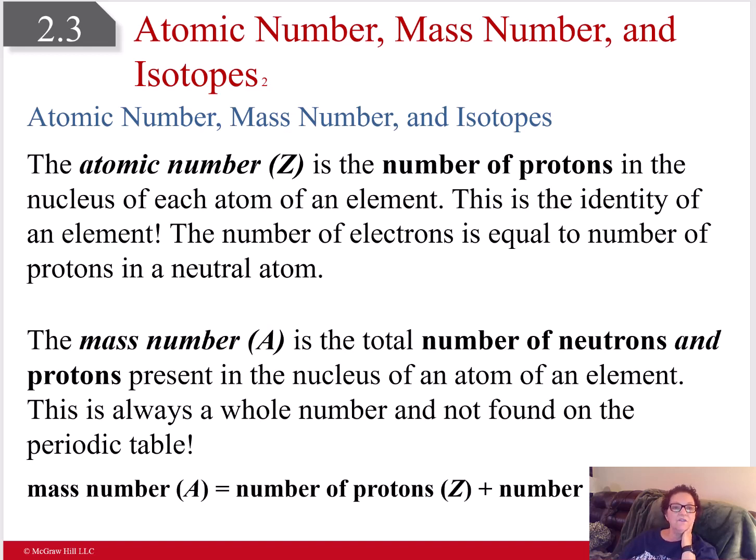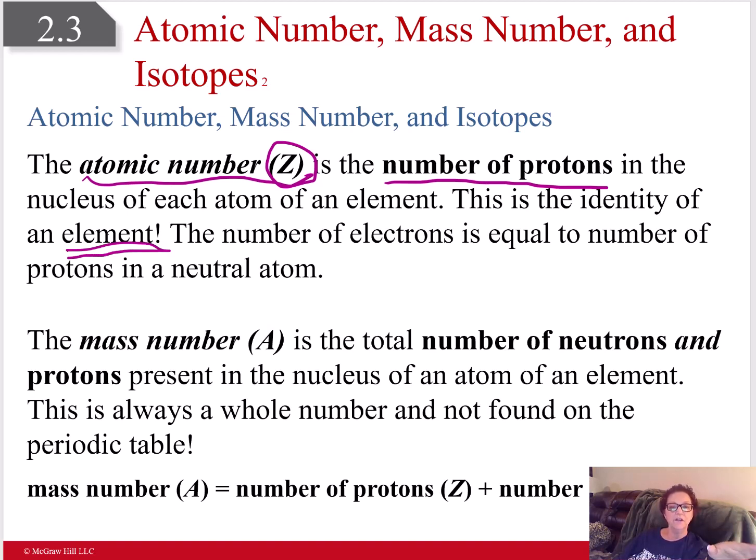All right, so first of all, the atomic number we call Z. That's the number of protons. So the atomic number of an atom is the number of protons, and this is the actual identity of an element, because the number of protons will always be the same. If it's not, it's a different element.